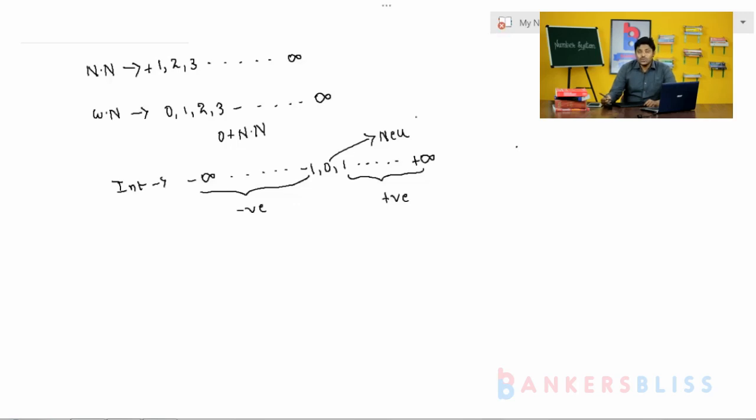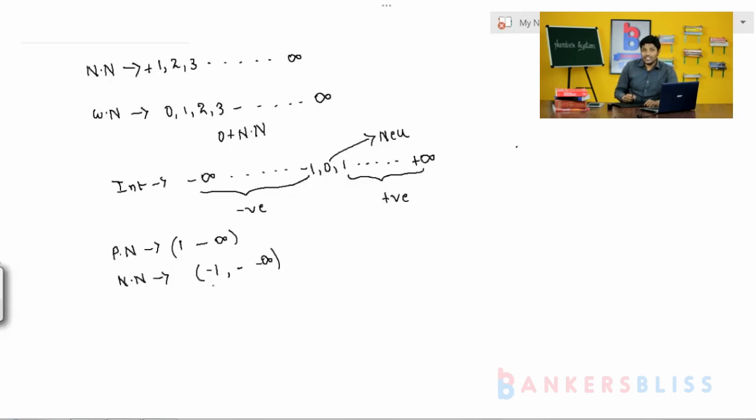Sometimes in the exam they may ask you to consider a range of numbers. If they tell you to consider positive numbers, then you have to take 1 to infinity. If they tell you to take negative numbers, then you have to consider minus 1 to minus infinity.